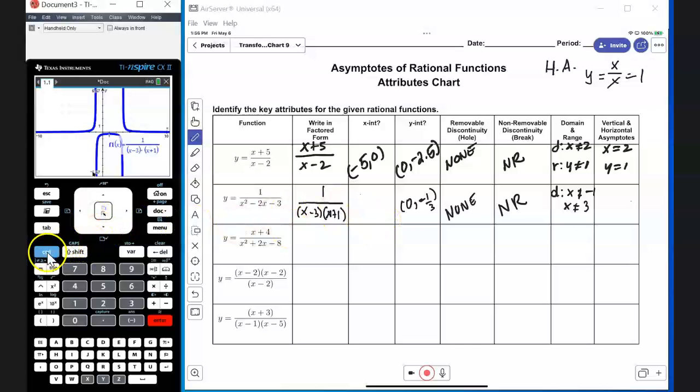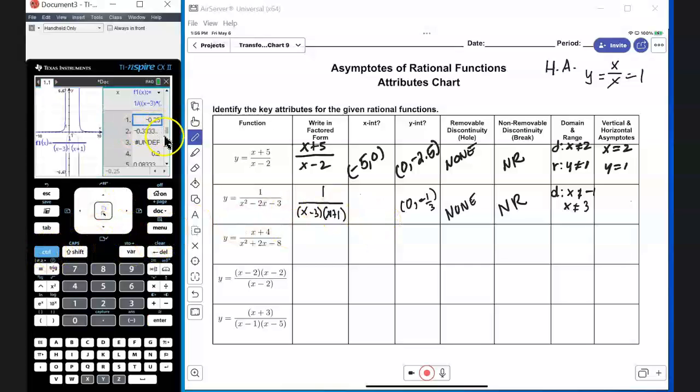Okay, go to your table. Menu, table. And let's go to negative 1. What do you see when x is negative 1? What is y? Undefined, right? What about when x is 3? What is it? Undefined, right?